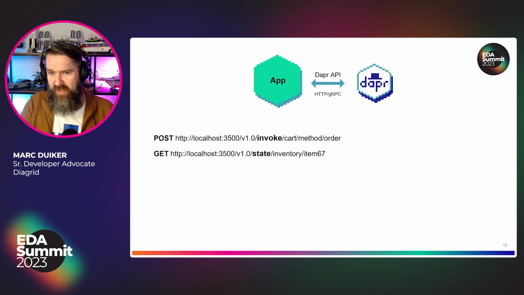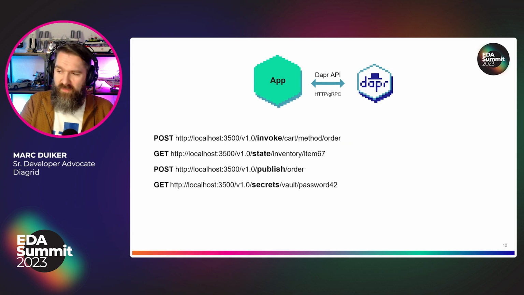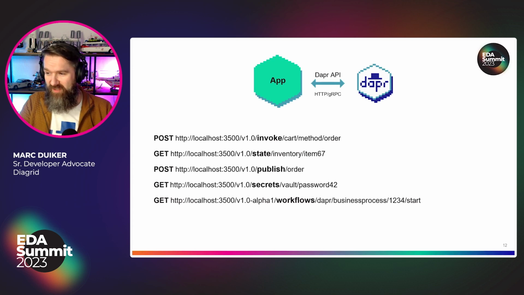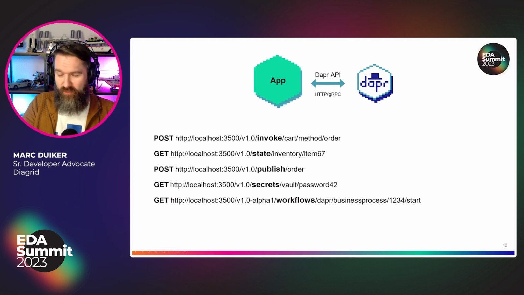If you want to get some state, you can use the state endpoint and provide the key of the state you want to retrieve. In case you want to publish an order, you can do a post to this endpoint. If you want to retrieve a secret, you can use this get endpoint. And if you want to start a new workflow, which as you can see is still in alpha, you can use this endpoint.